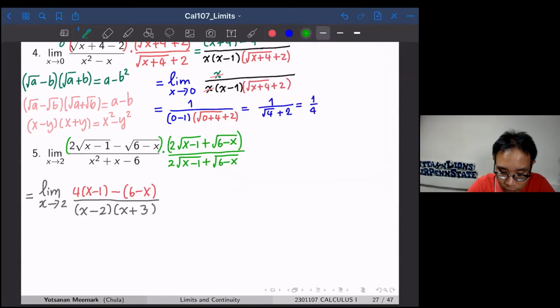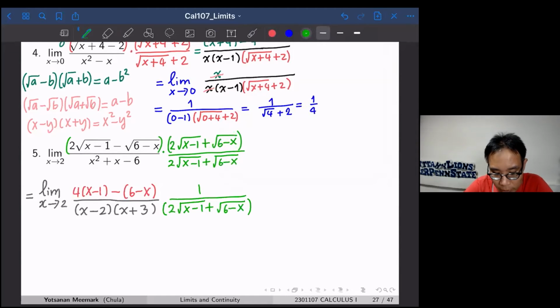And you have this bottom guy, 1 over 2 root x minus 1 plus square root 6 minus x. So you see that the top guy is 2 minus 2, so it's going to become 0, but not anymore. And here you're going to simplify the red guy.